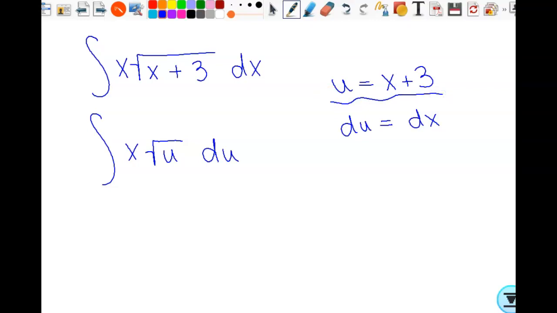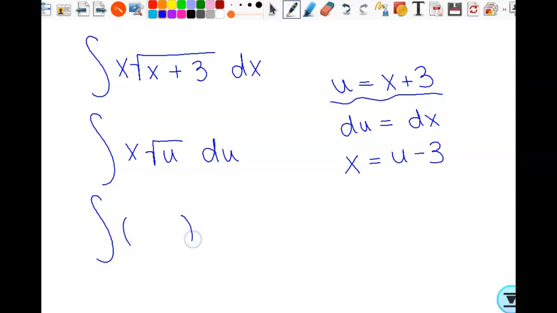Guys, we have a relationship between x and u. We defined that relationship. We said, hey, we're going to let u equal x plus 3. This x is in my way. So what if we solve for x in terms of u? All we do is subtract. So x is u minus 3.